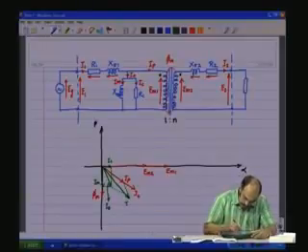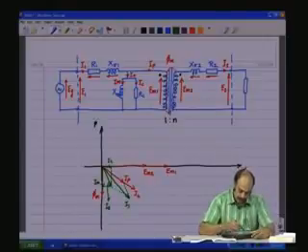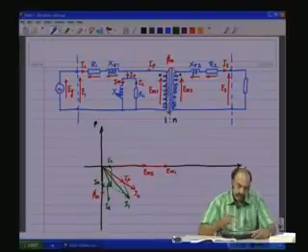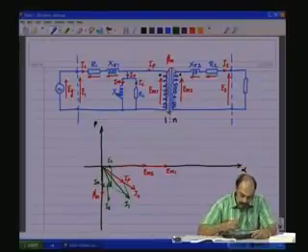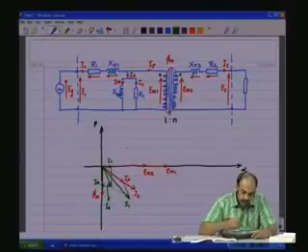So this is I 1. That is I p plus I naught will be I 1. So, this is the primary current I 1 at the terminal, I 2 is the secondary terminal current.